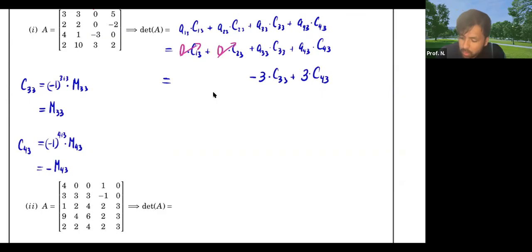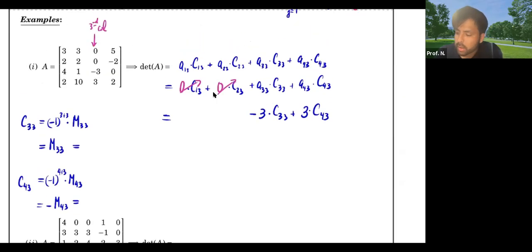Now, what is M33? Well, M33 is the determinant of, so if I do this, what do I get? I get 3, 3, 5, 2, 2, -2, 2, 10, 2. This is the determinant that I need to find. And then what's negative M43? It'll be negative M43, and now I have to put this one down here.